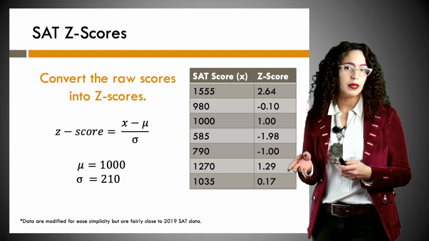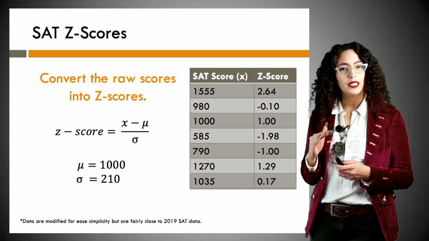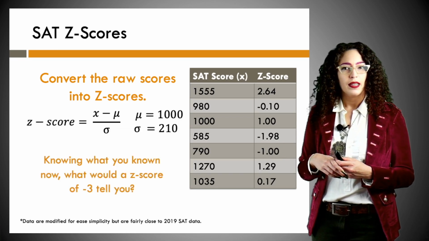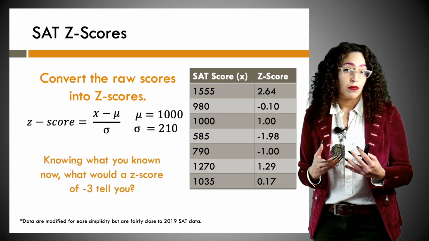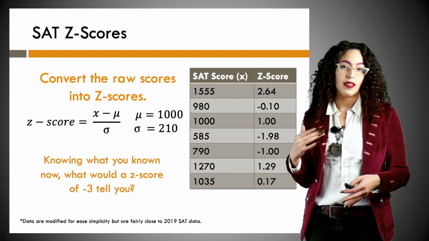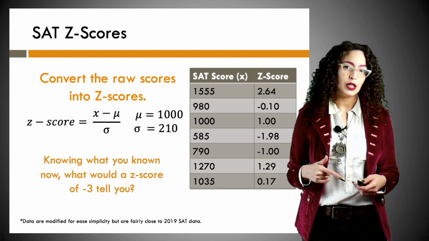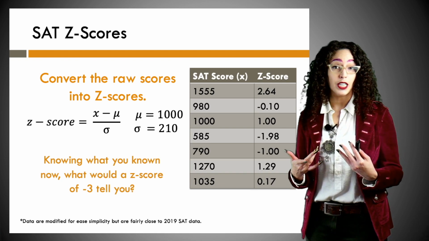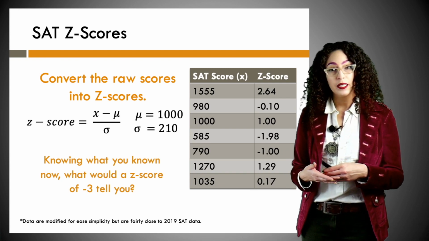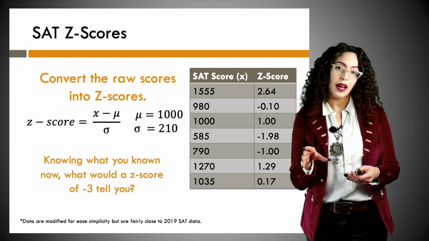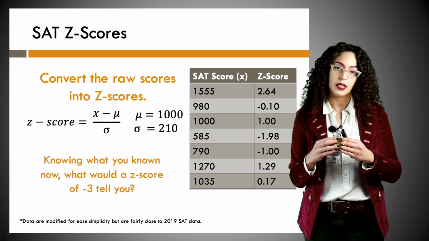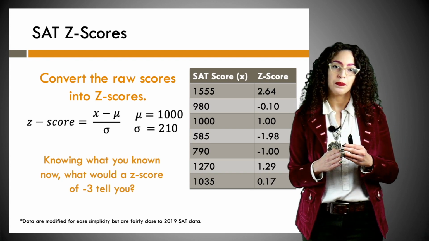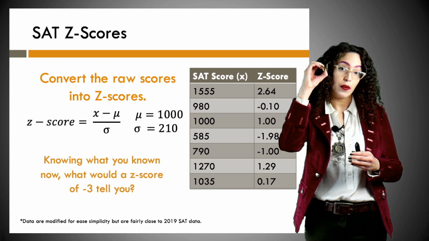Now they might not mean much to you yet, but let's just step back and think about it. Knowing what you know now, what would a z-score of -3 mean to you? Would that be really good or really bad? Let's remember real quick, what is the average of the z-score scale? What's right in the middle? Value of 0.